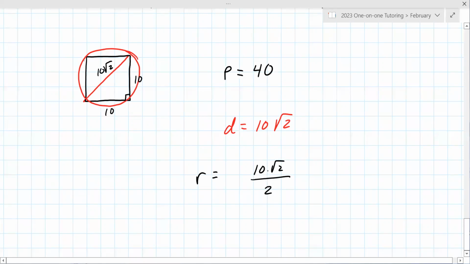Now that only applies to the number in front, not the square root 2. You just leave it as square root 2. It won't turn into 1 square root. Think of it like this: what is 4 times 5 over 4?